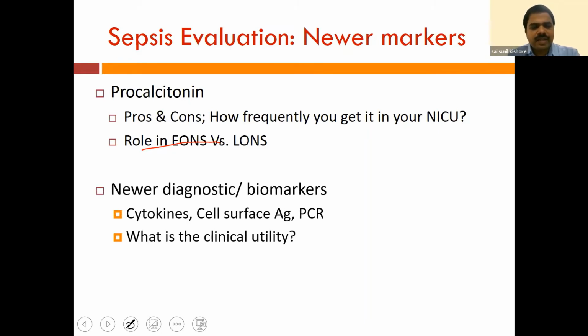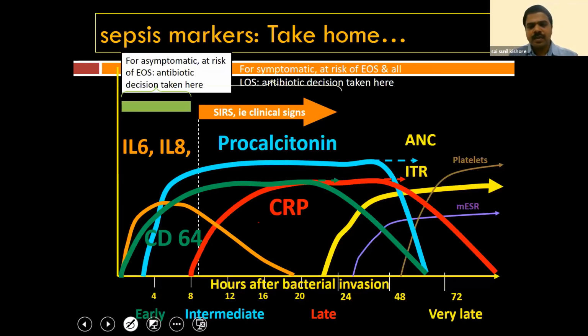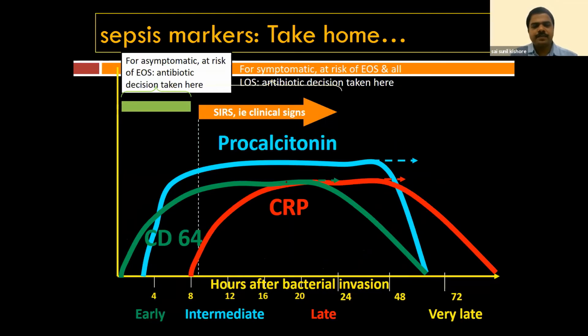Now there are many other newer diagnostic markers also coming. You need not know all of those, but there are markers like PCR which is coming up. There are many cytokines and cell surface antigens which are coming up. I think this is one of the important slides which you should know. As you can see here, on the x-axis is the timeline, and this is the time point of endotoxin entry. Usually the baby will start having symptoms somewhere here, beyond 8 to 10 hours.